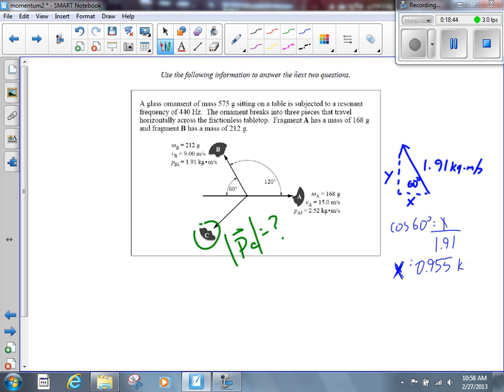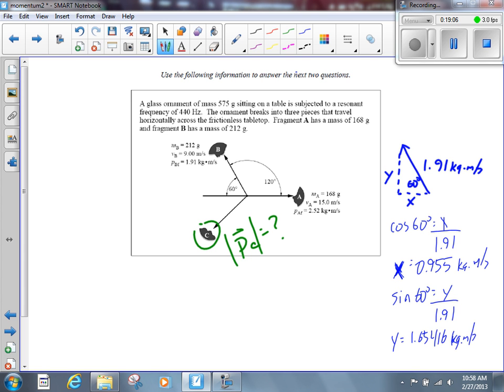Remember, that's momentum, not velocity. Let's do the y component now. Sine 60 degrees is equal to the y component over 1.91. What does that equal, Jade? 1.65416. Thank you. Once again, we're dealing with momentum here, so it's kilograms meters per second.